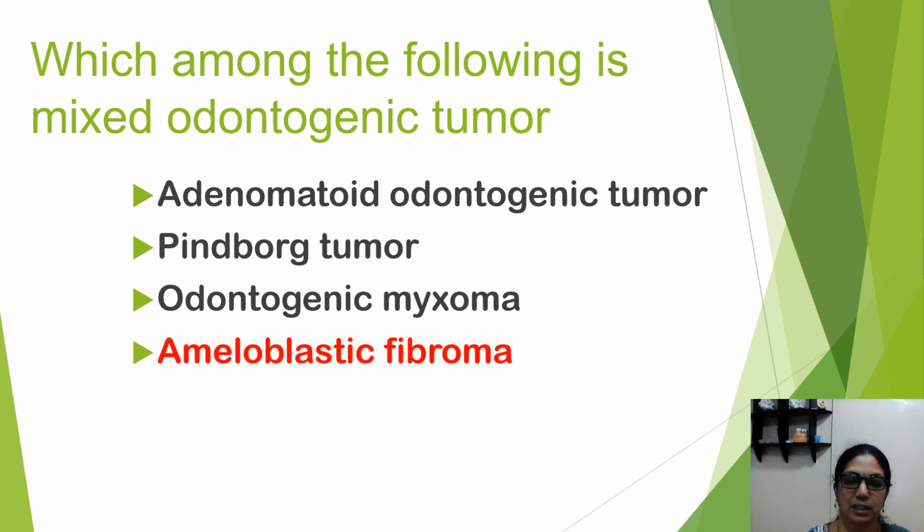In this we will see the fibroma is the mesenchymal component and the ameloblastic, meaning ameloblastoma, is the epithelial tumor. So epithelial and mesenchymal both are present, so it is a mixed odontogenic tumor. Whereas in adenomatoid odontogenic tumor only the epithelial component is seen, and the Pindborg tumor is also an epithelial tumor, that is the calcifying epithelial odontogenic tumor. In odontogenic myxoma only the mesenchymal component is seen. So ameloblastic fibroma is the mixed odontogenic tumor.